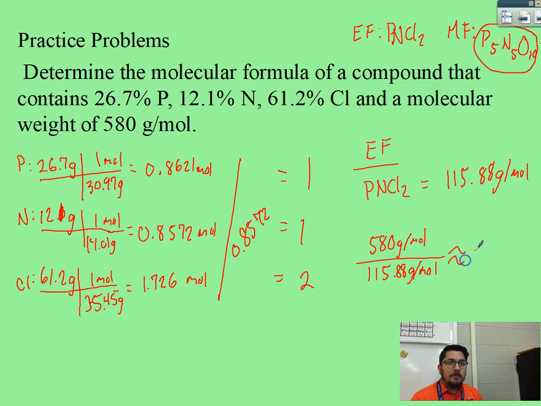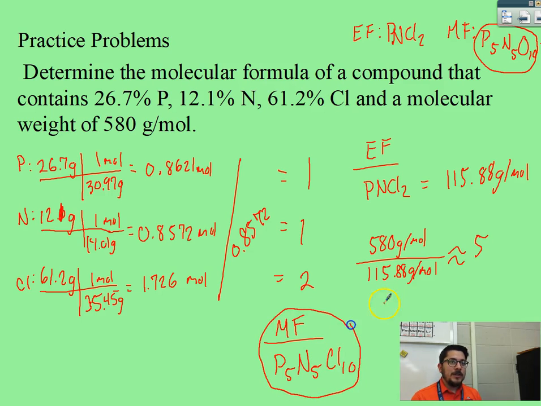And I get about 5. And so, my molecular formula is 5 times bigger than the empirical, and so I'll get P5, N5, and Cl there's 2, so times 5 would give me 10, so Cl10. That would be the correct answer right there.